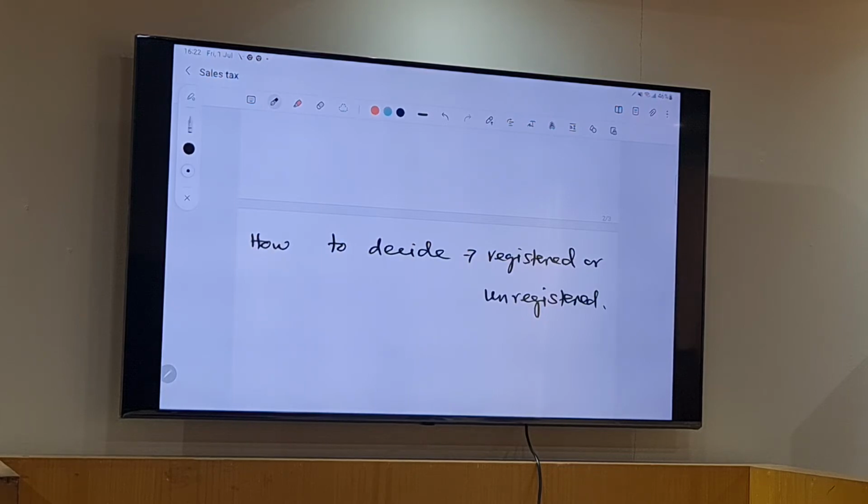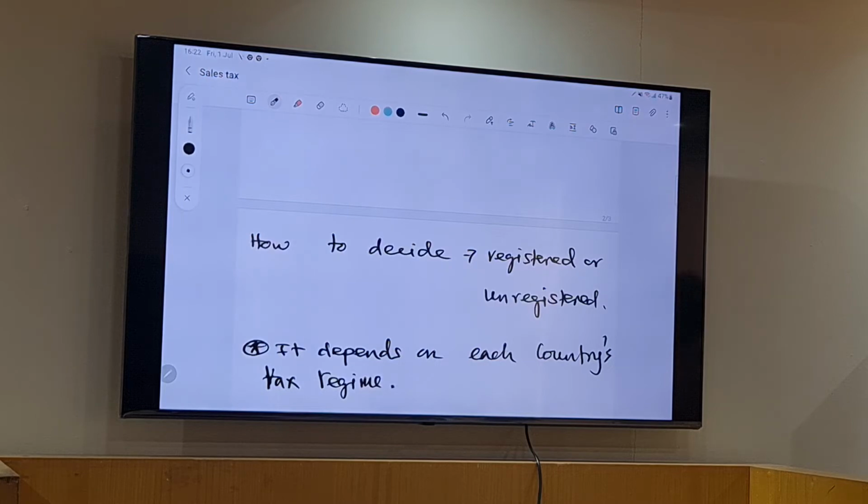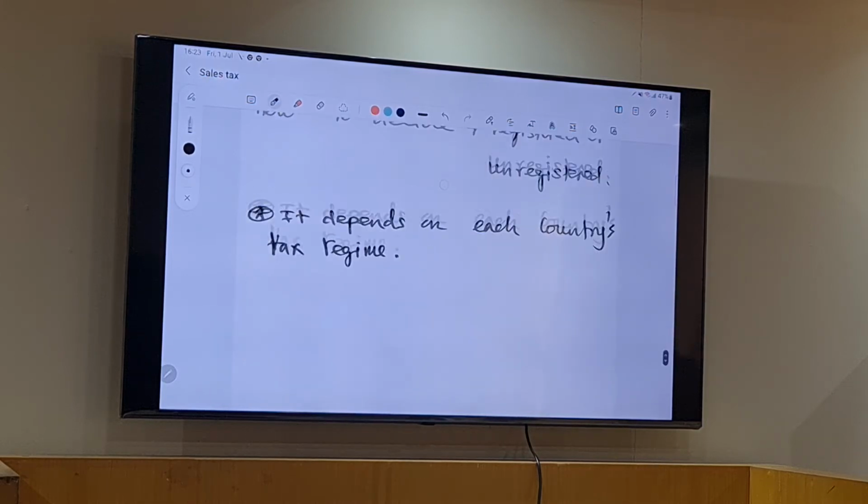It depends on the country's tax regime. Now, the Sri Lanka rule and the UK rule and the Qatar rule are not the same. Now, Egypt you have tax. So the Egypt rule is also different. So country to country, the tax law will tell you how to decide. That's number one. Number two.